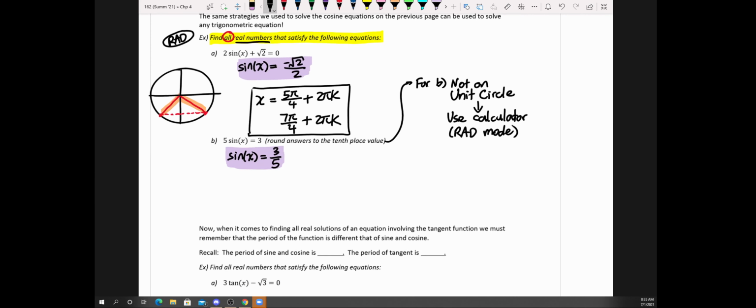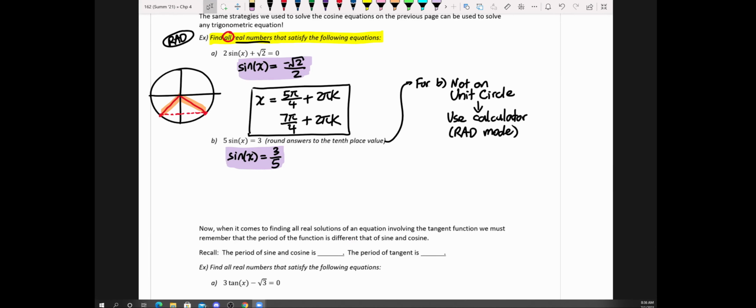I think I mentioned this yesterday that for your upcoming exams, you'll be switching back and forth from radians to degrees. So you need to be prepared to do that in your calculator. If your calculator right now is in radian mode, just type in R in the chat so I know you're ready to go.